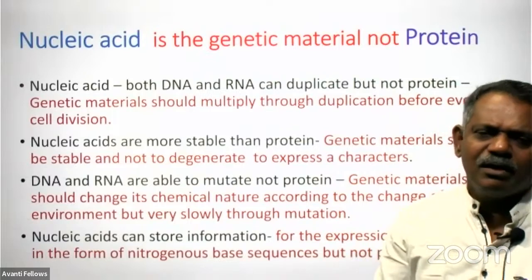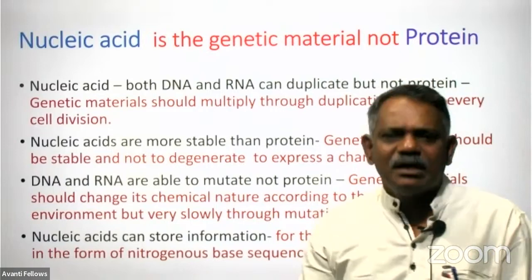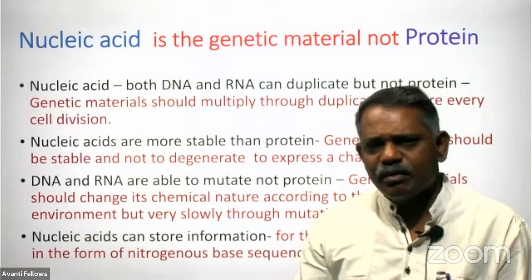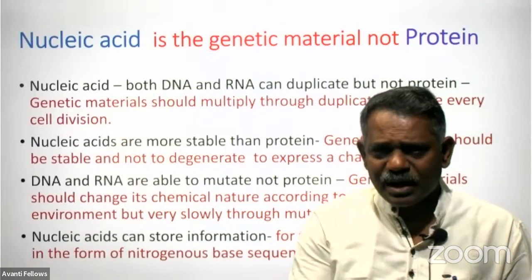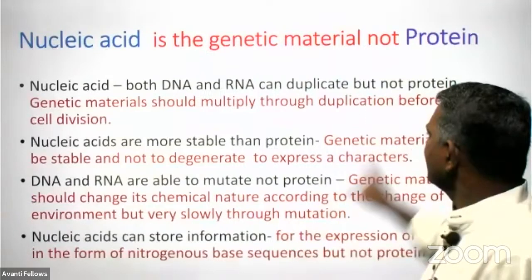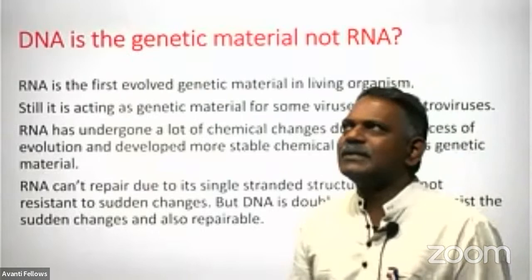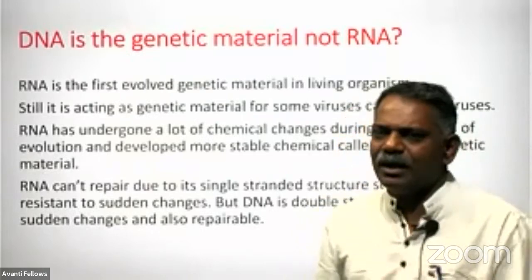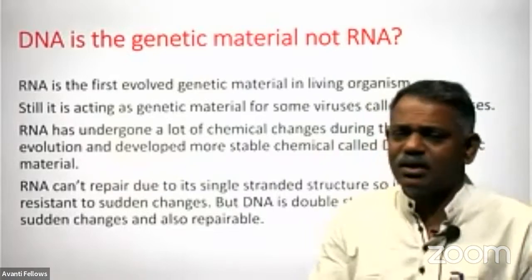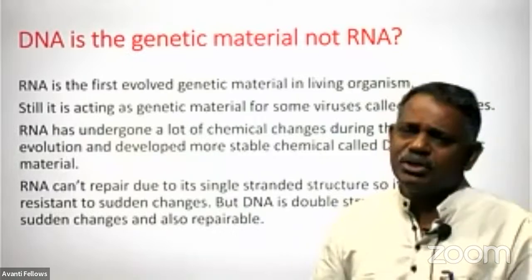Protein cannot act in our body as a genetic material, but a lot of controversies were there initially regarding the chemical nature of the genetic material. Is it a nucleic acid or is it a protein? There are two nucleic acids, DNA and RNA. Of course, nucleic acid only can act as a genetic material because it can store information, can go for duplication, and can go for mutation.